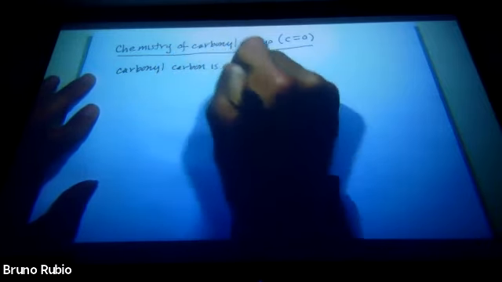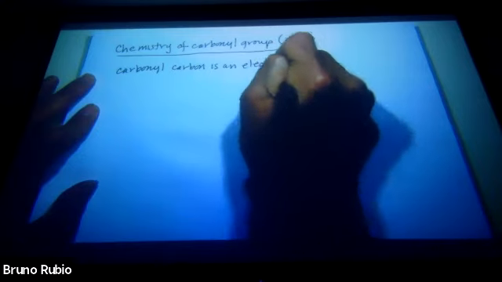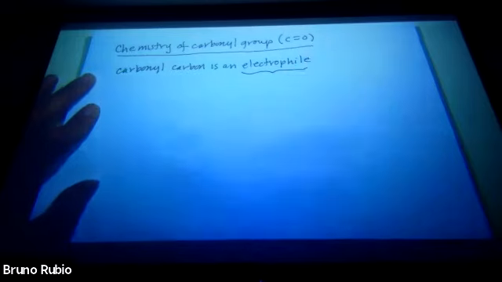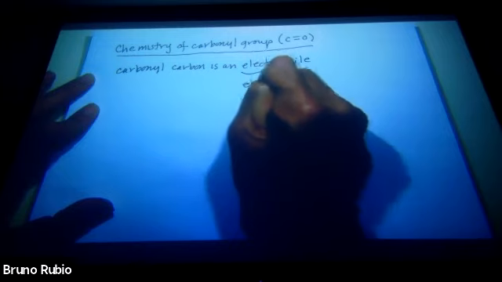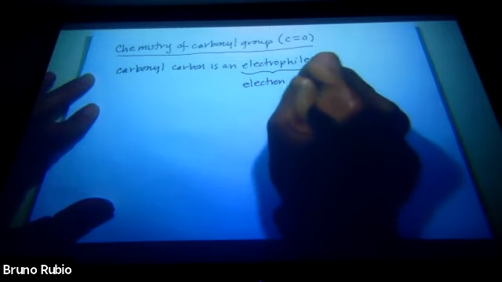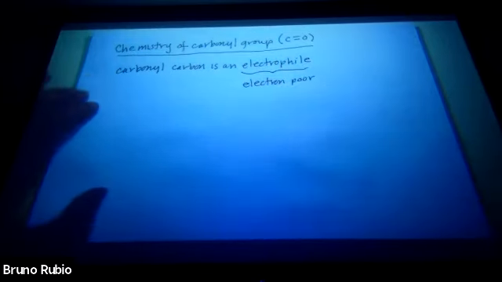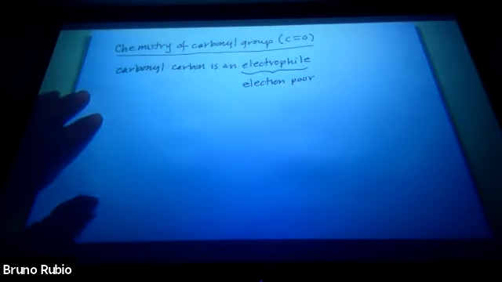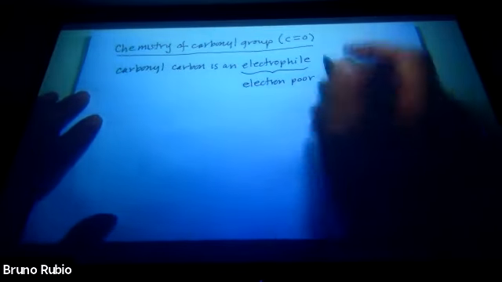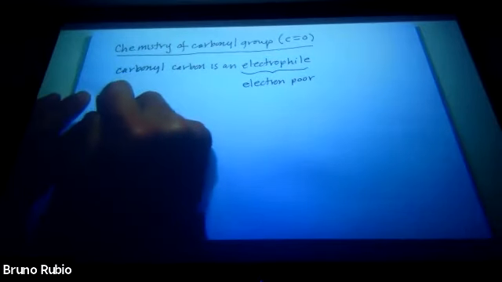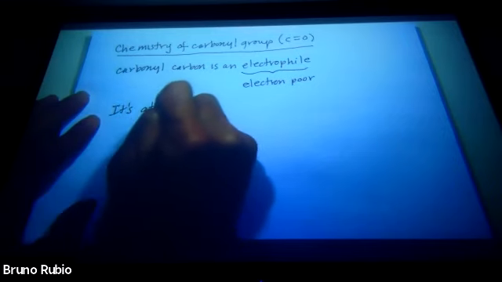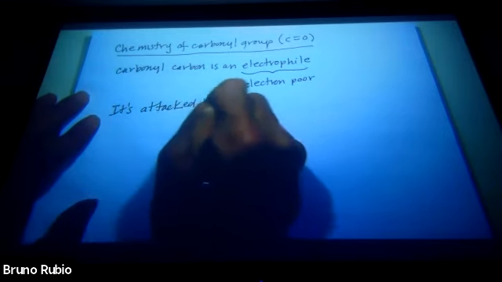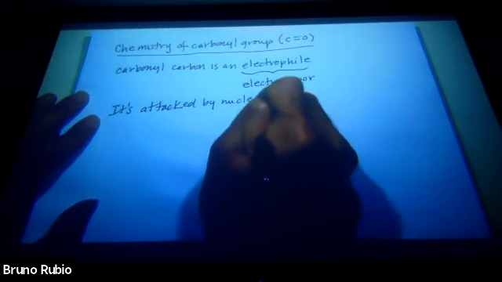Okay, so the most fundamental idea here is that the carbonyl carbon is an electrophile. All right, and what is an electrophile? An electrophile is a species that is electron poor. And because the carbonyl carbon is an electrophile, it's attacked by nucleophiles.